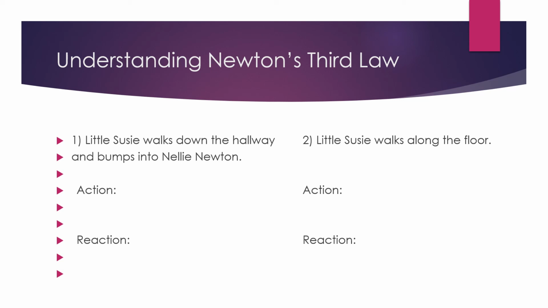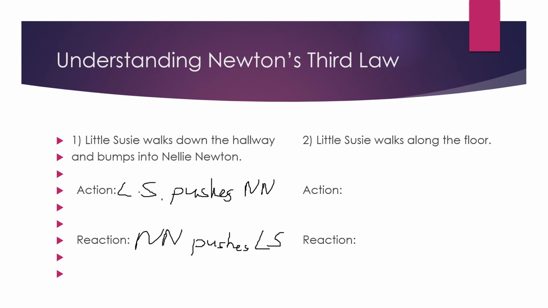Well, the action is little Susie pushes Nellie Newton. If A pushes B, then B pushes A. Then the reaction is that Nellie Newton pushes little Susie, because she can't push him without getting pushed back herself.